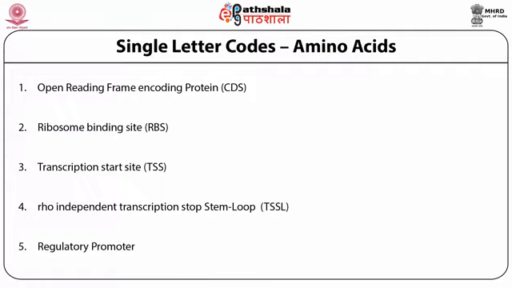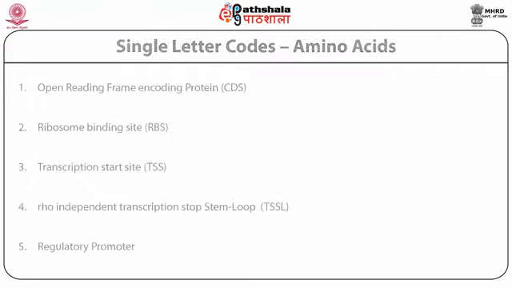Then this downloaded sequence is to be analyzed for prediction of the open reading frames along with ribosome binding site, its transcription start site, termination signals, as well as elucidation of regulatory promoter boxes having 6 bases located at -10, that is upstream of the transcription start site, and at -35 positions. These are commonly called -10 box and -35 box. The -10 box is also known as Pribnow box.